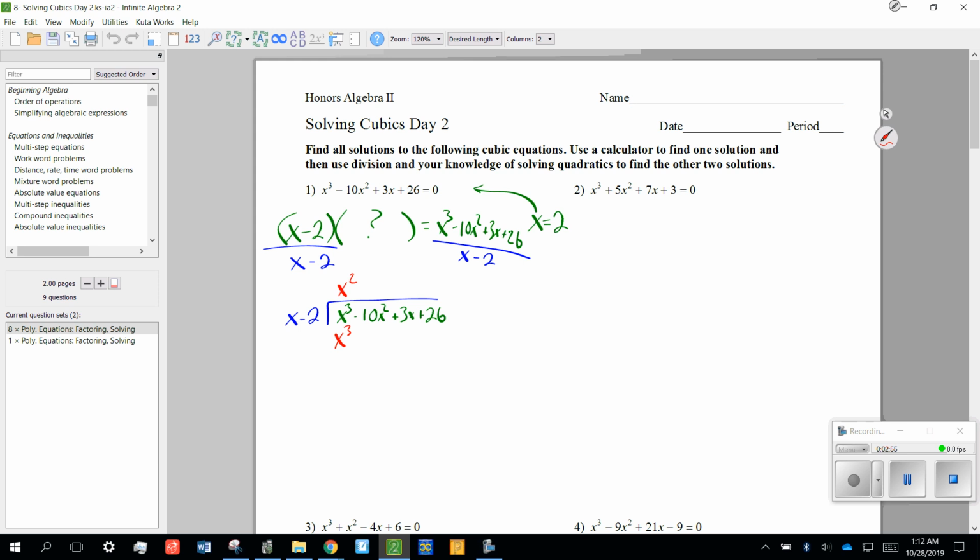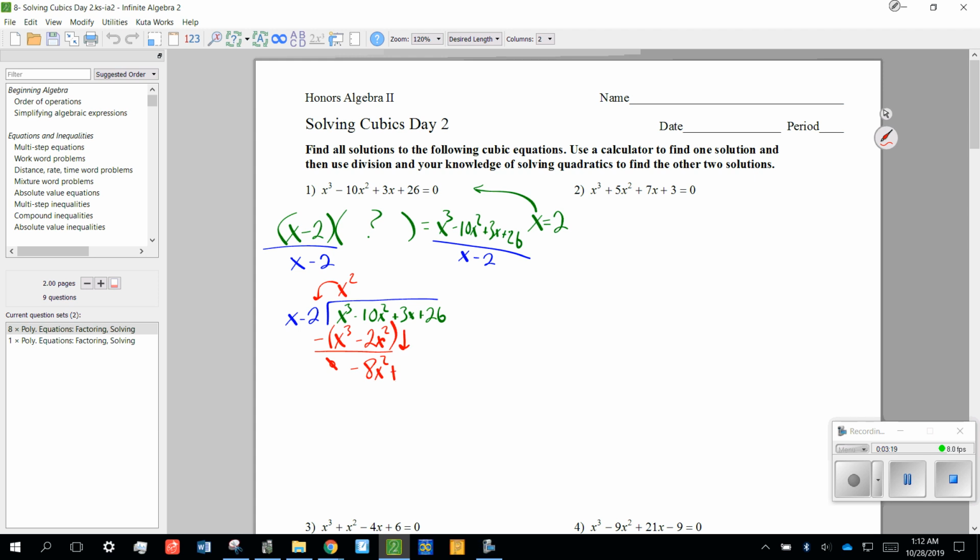But then we also have to do x squared times the -2. We get -2x squared. And just like in regular long division, that whole thing needs to be subtracted. x cubed minus x cubed, no more x cubes. But -10x squared minus a -2x squared, so that's just plus 2x squared, is -8x squared.